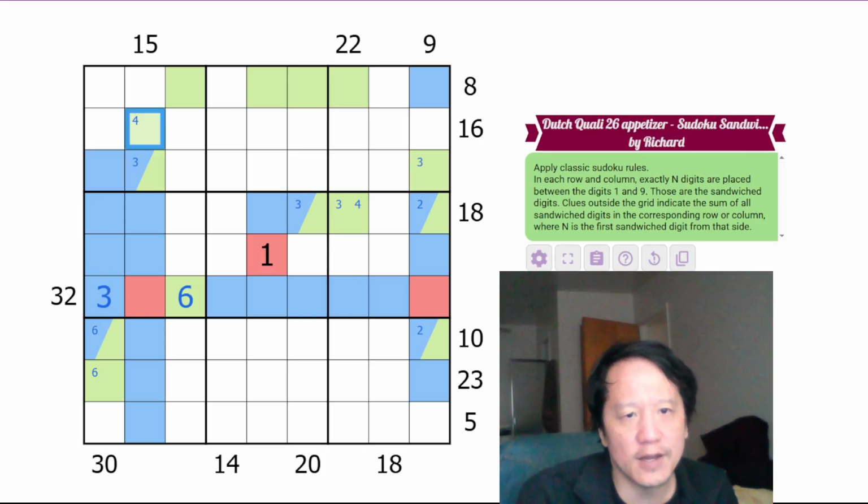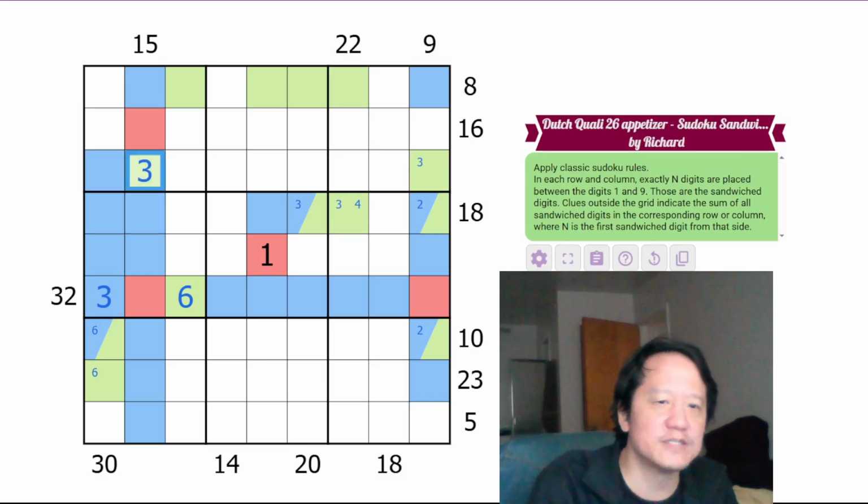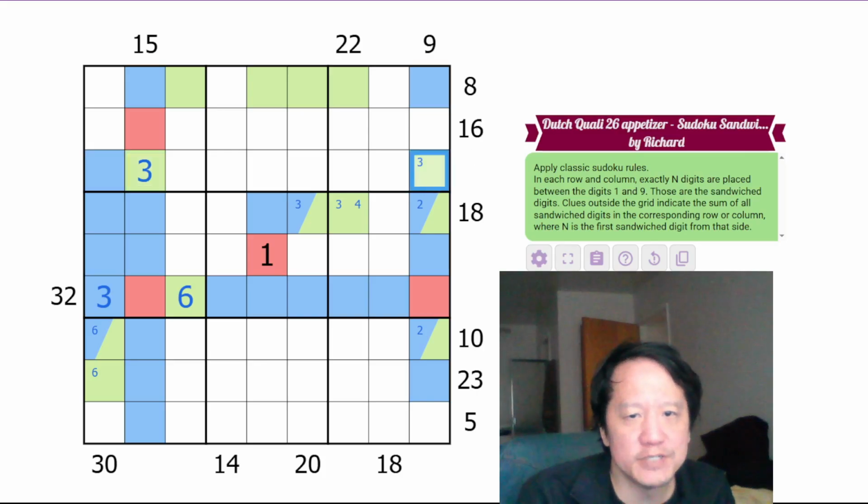So this cannot be the end sum, which means this is the end sum here, and this must be the crust. So there's no more crust in column 2, and this is a 3. So that's 3, which means this can't be 3. So that can't be the end sum, which means this must be an end sum.